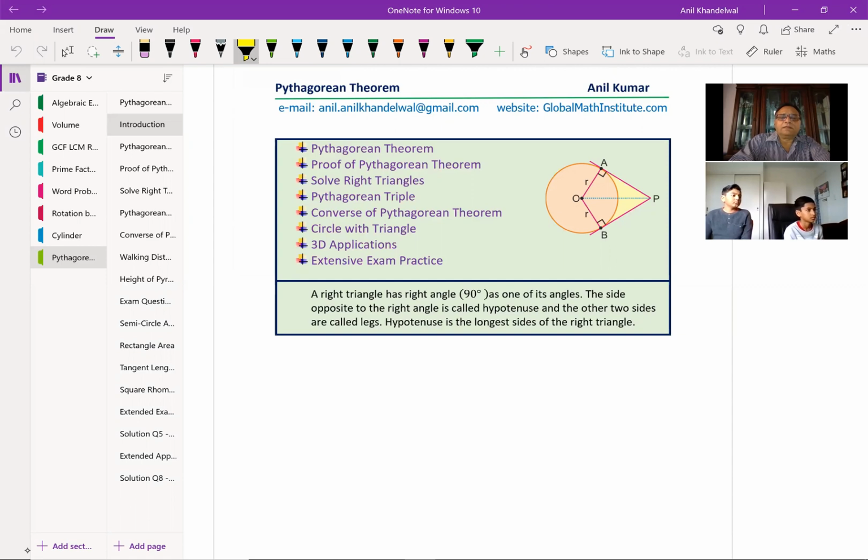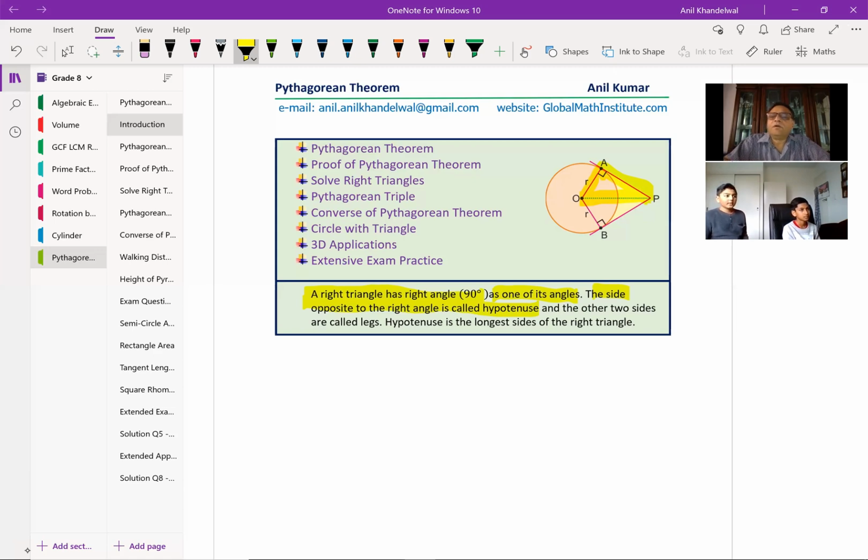So basically, if you read this, a right triangle has a right angle of 90 degrees as one of its angles. The side opposite to the right angle is called hypotenuse. So if you have a right angle triangle, you understand right angle triangle? Do you see this 90 degrees here? If I make this triangle, then we'll say OAP is a right angle triangle.